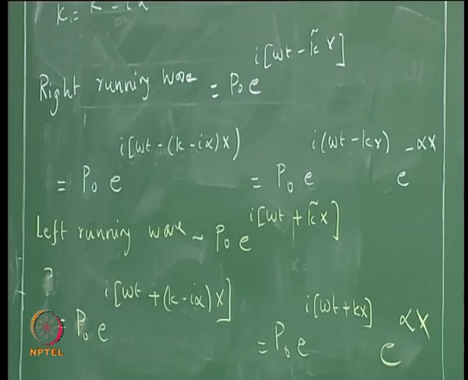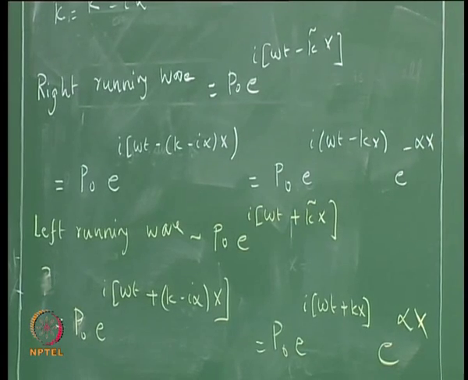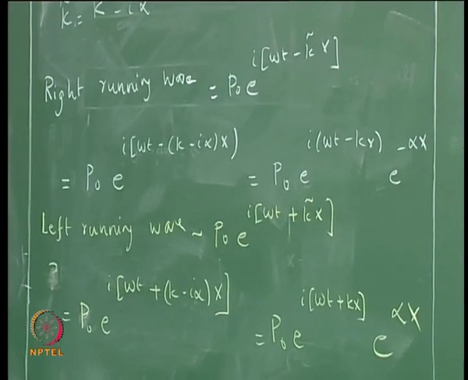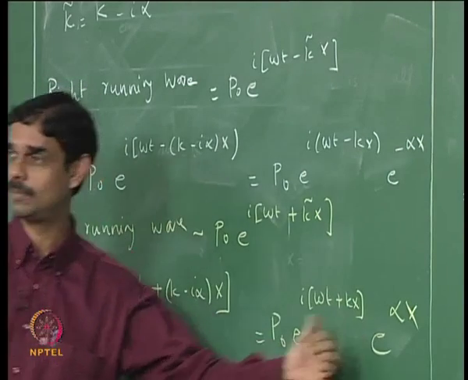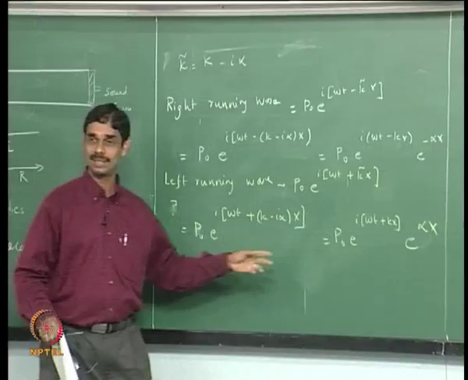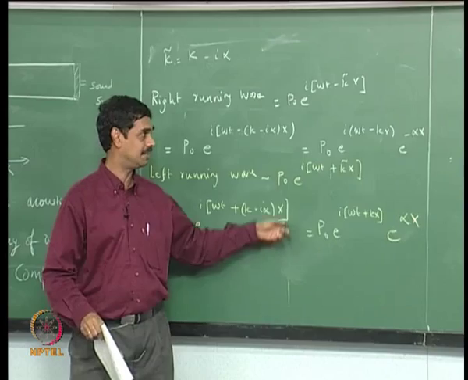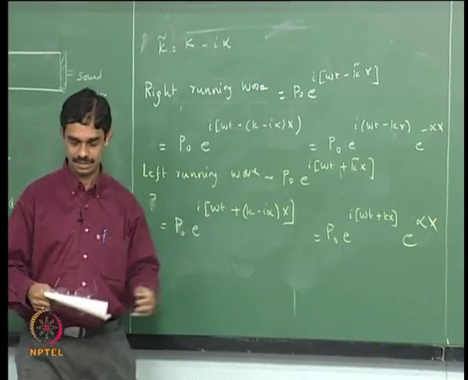So a left running wave is what is described here. It will appear as if it is growing, but if you think about a wave going from right to left, it is actually decaying. So this decays to the left, this decays to the right, so it is a little tricky.